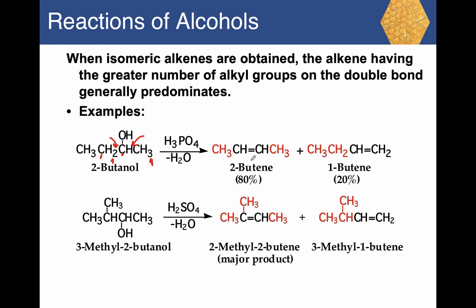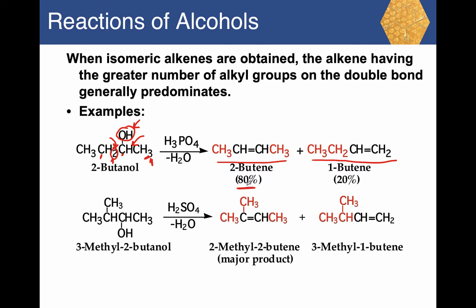As you can see here, here are the 2 possible products. So we take off this OH and one of these hydrogens, we get this alkene right here. If we take off this OH and one of these hydrogens, we get this alkene right here, 1-butene. It turns out that this is 80%.